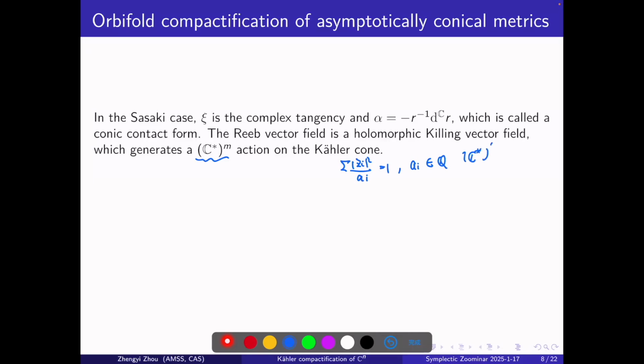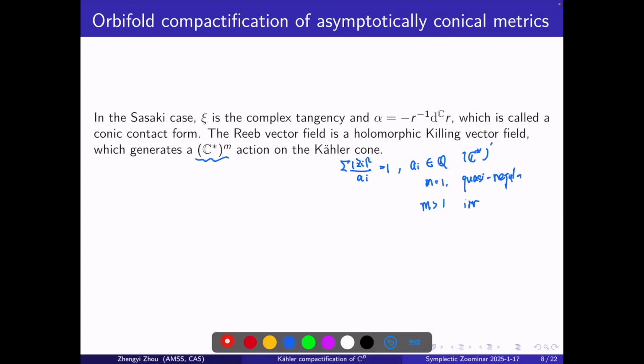But if some of the a_i are rationally independent, then it will actually generate a higher-dimensional torus action. When m equals 1, we call this contact form quasi-regular, and when m is bigger, it's called irregular. These are just concepts in Sasaki geometry.